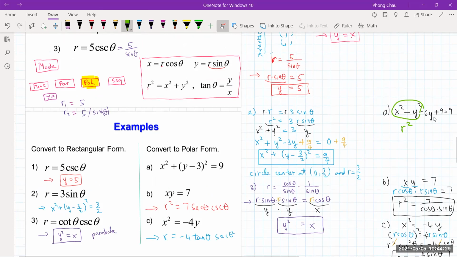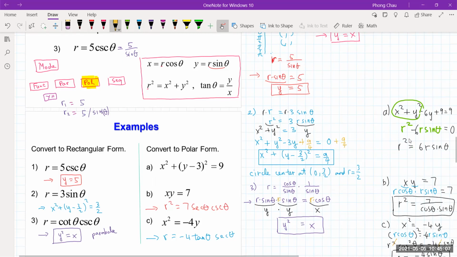And now the y we replace with r sine theta. And now we still have a minus 6 r sine theta. Plus 9, subtract 9, both sides become 0. So you have this. Again, you're solving for r. If you add 6r sine theta on both sides, we have r squared equals 6 times r sine theta.